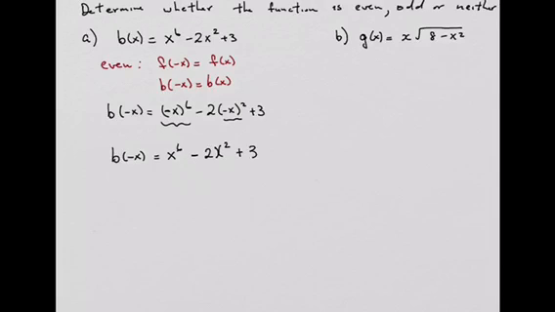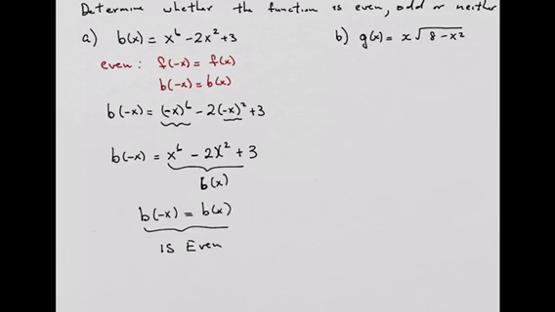So this is exactly the same as our b of x. So b of minus x gives us b of x, which implies the function is even. And if it's even, we don't have to check for odd or neither, because it can't be even and odd at the same time.